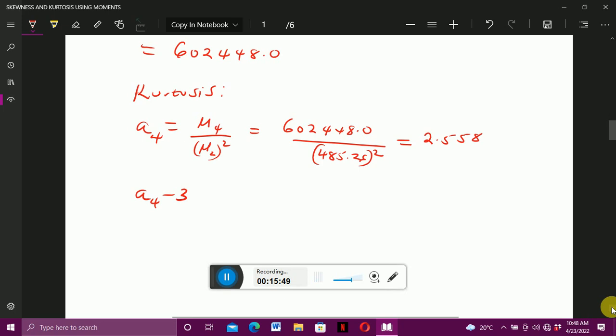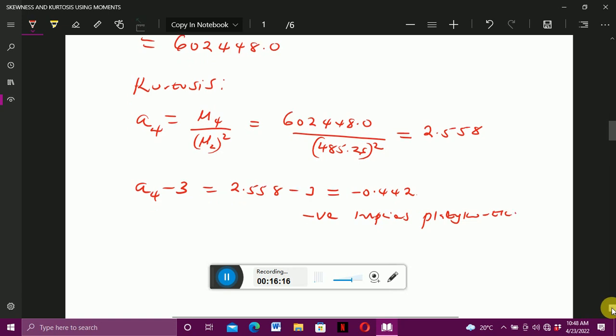So this is 2.558 minus 3, and this gives us negative 0.442. And a negative value implies platykurtic. The data is flat peaked.